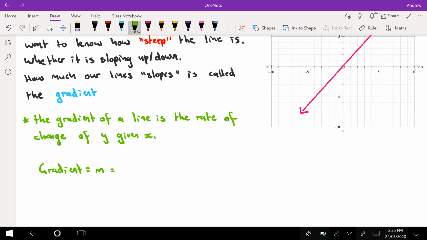Gradient is m, which equals rise over run, which equals our change in y over our change in x, which equals y2 take y1 over x2 take x1. These are all different ways where we can find the gradient, okay?